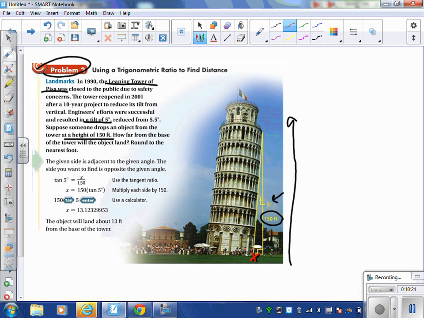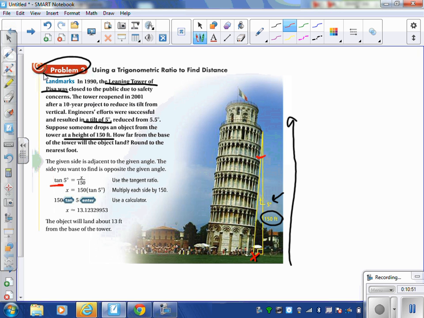To do that, we are given angle 5, which is up here. So this angle up here. Because they give us the x on the bottom and the 150, actually, we want to find x and they give us 150 as the height, we can use the formula tangent 5.